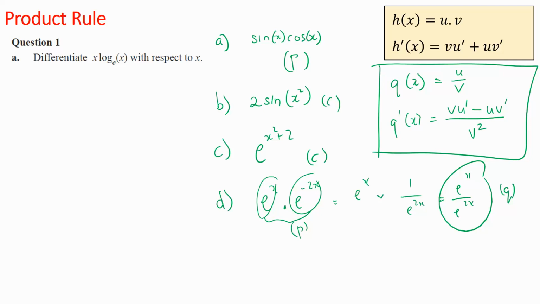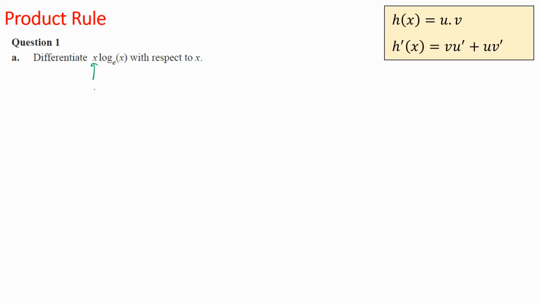All right. Now, so how do we do this problem? Now that we know this is an x multiplied to a log e of x, so I know it's a product rule. This is what the product rule says: u dot v. So how do you use the rule? You simply say, I'm going to call the first function u, and my first one is x.